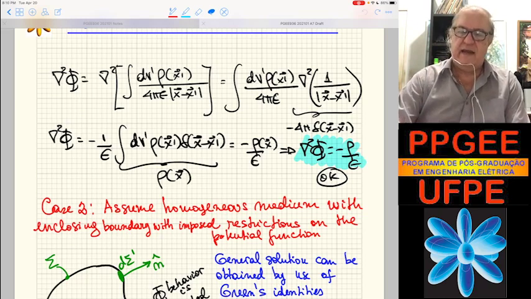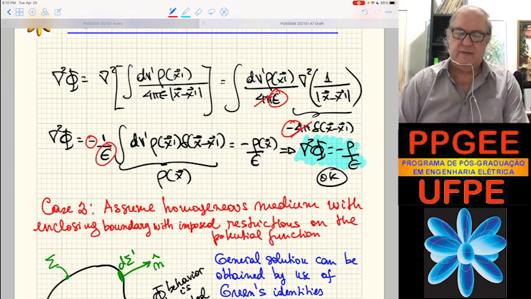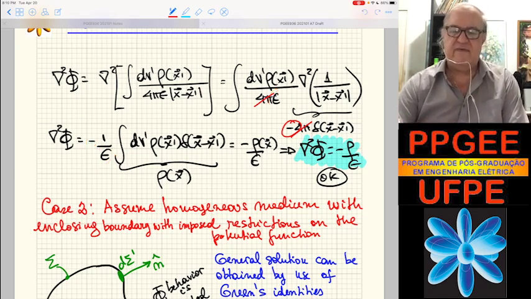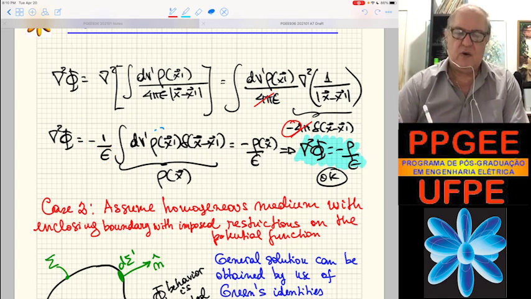So the 4 pi here cancels that. The minus sign goes outside. Epsilon goes outside of the expression. And then we end up with an integral that involves the function rho and the delta function that picks up x prime.